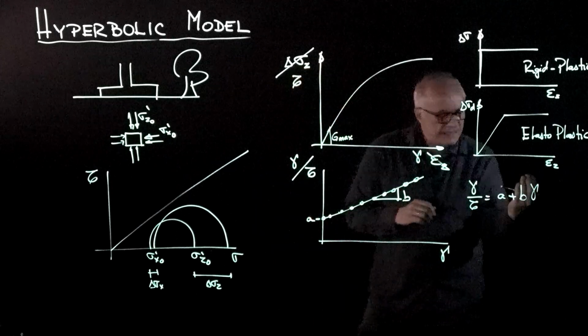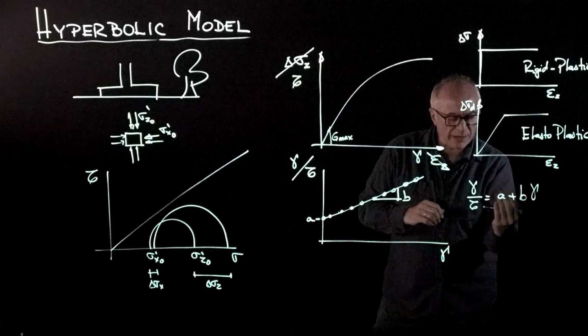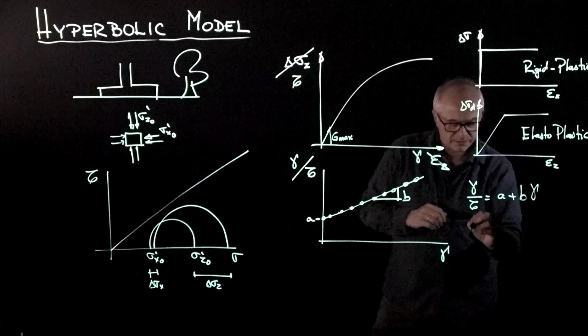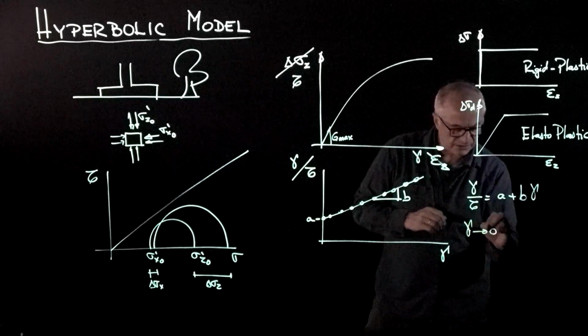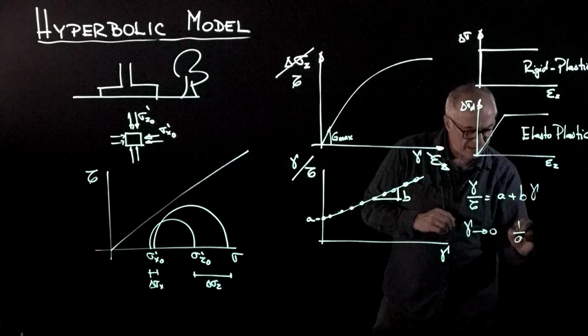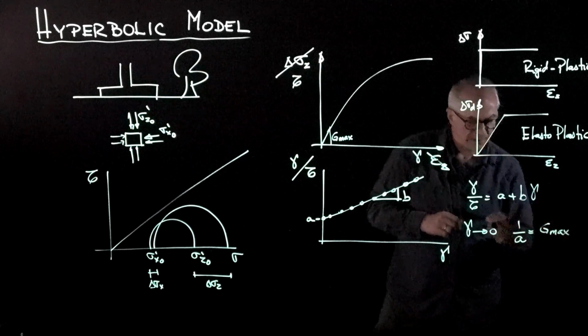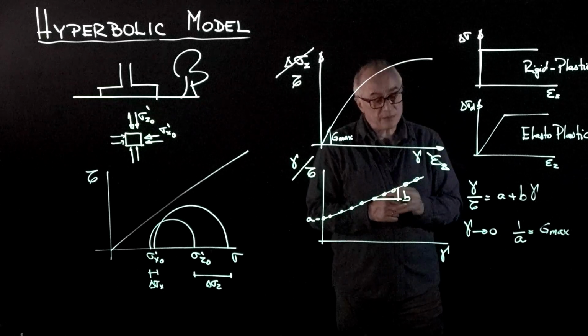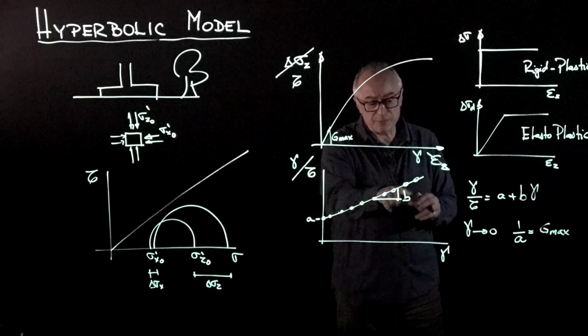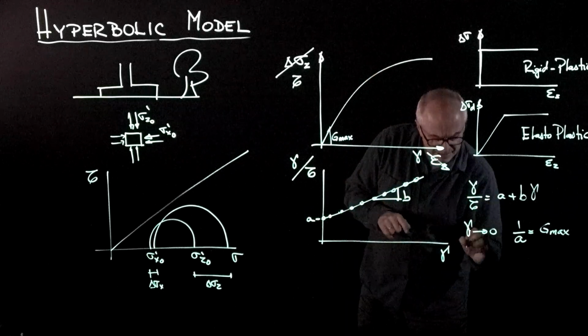And so that means that when gamma is very small, 1 over A, as gamma goes to 0, is equal to Gmax. Now let's see what happens. What is the meaning of B? So let's say that gamma is very large.